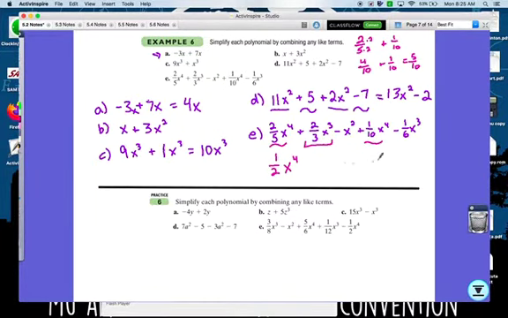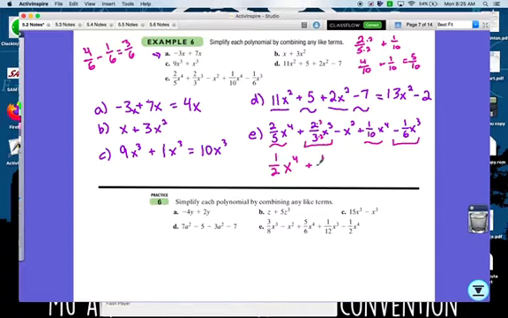All right, our third terms, we have 2/3 x to the 3rd minus 1/6 x to the 3rd. Again, I need a common denominator. I multiply by 2 on top and bottom here, over to the left, and it gives me 4 over 6. And then minus the 1 over 6 from the other x to the 3rd term. That gives me 3 over 6, which again reduces to 1/2.